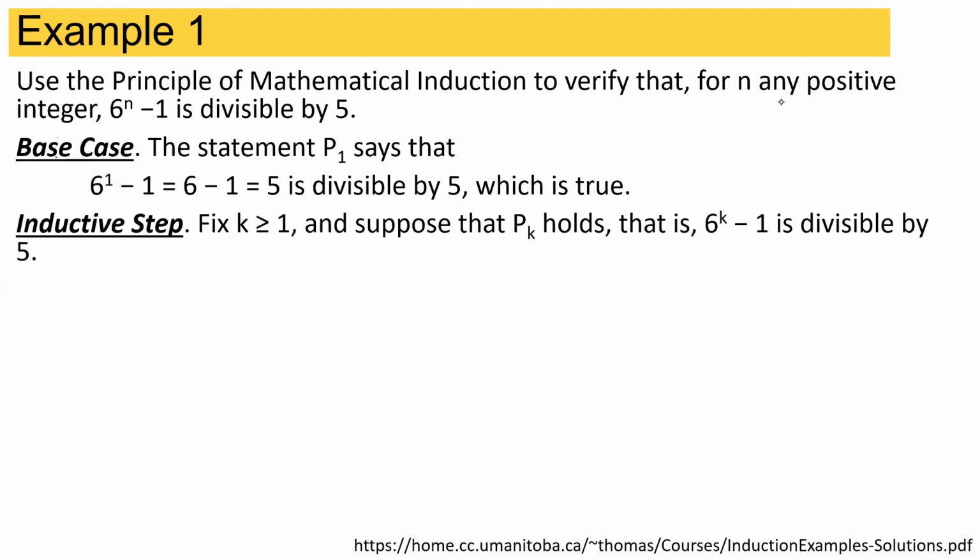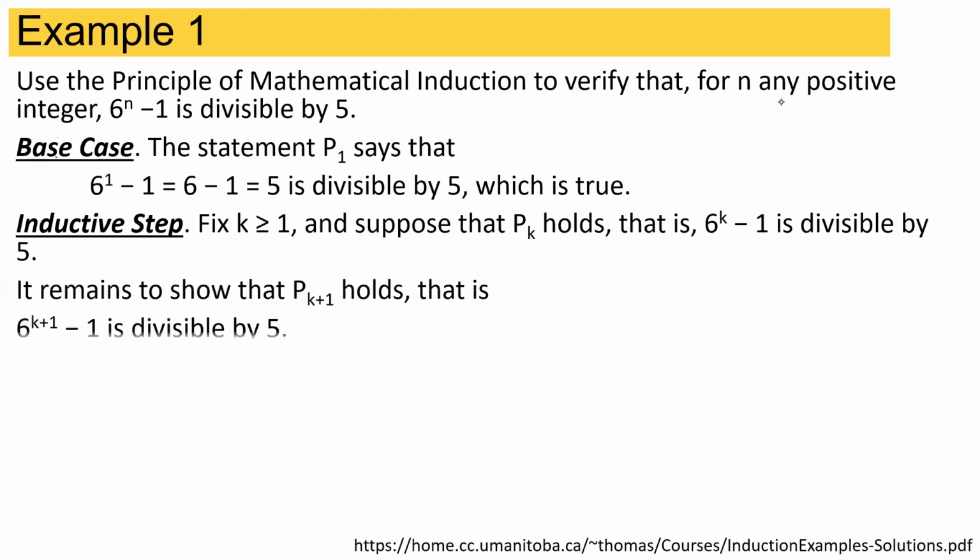Now we move to the induction step, and our hypothesis is that Pk holds, that is 6 power k minus 1, where k is any positive integer, is divisible by 5. And then we go about proving this for Pk plus 1, which is 6 power k plus 1 minus 1 is divisible by 5.